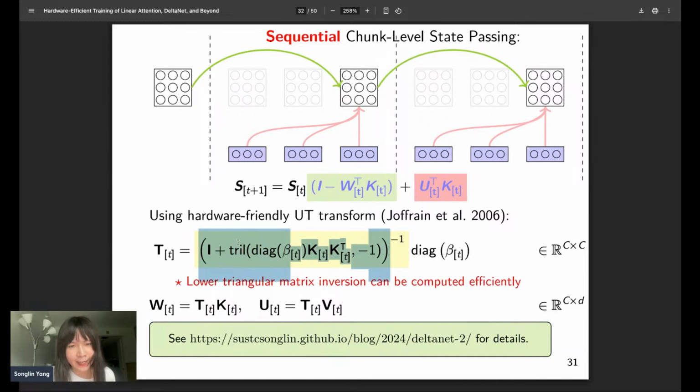Then we take its lower triangle, make the diagonal elements 1, and solve this lower triangular matrix. We can use forward substitution to compute this matrix inverse. Once this C by C matrix is computed, we can compute W and U using matrix multiplication. If you are interested in the derivation, you can read my blog post, where I derive this algorithm in detail.